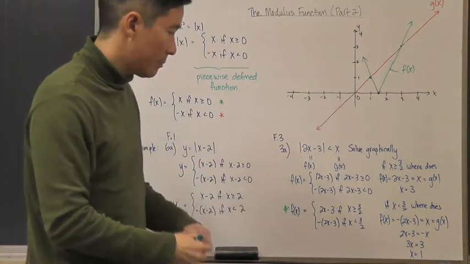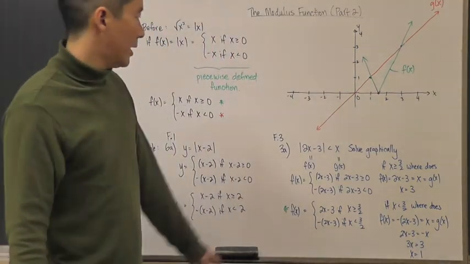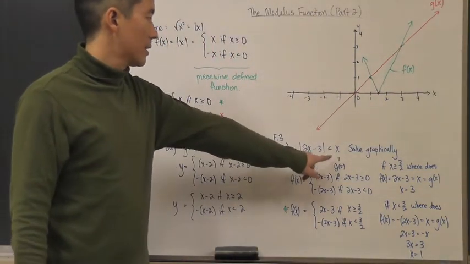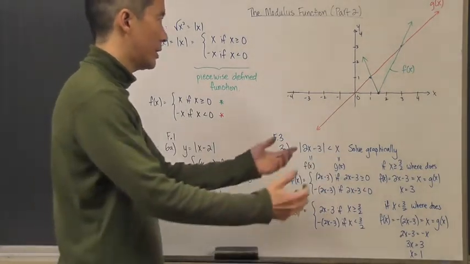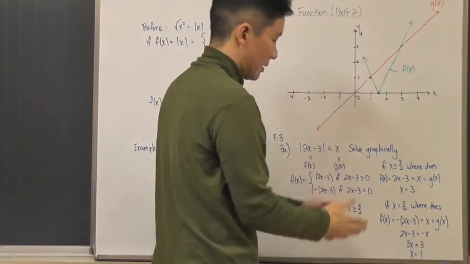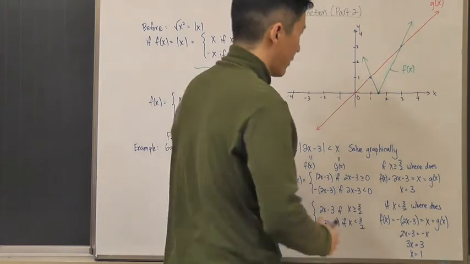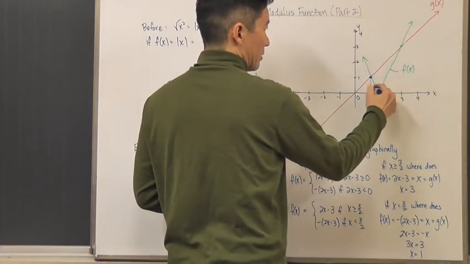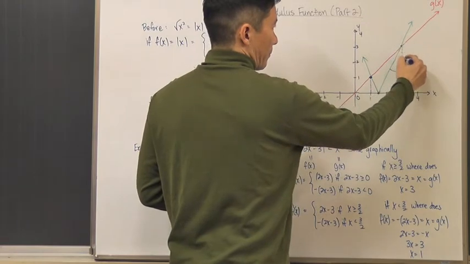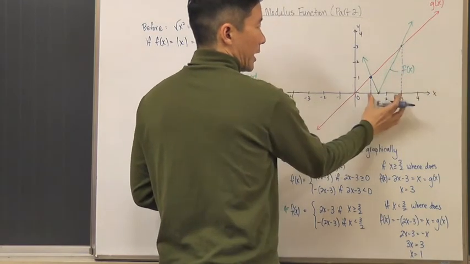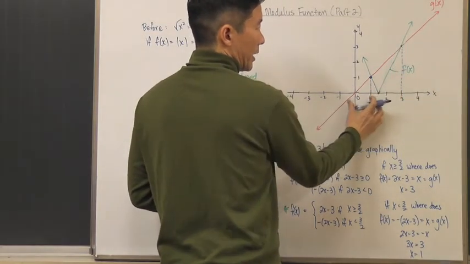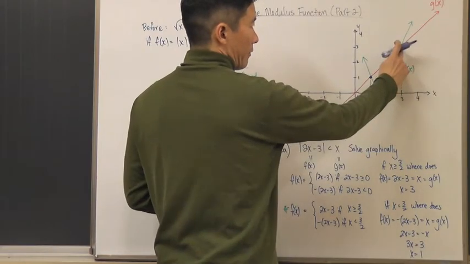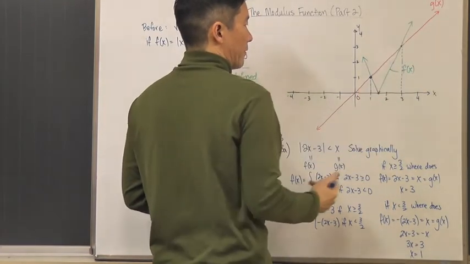So the question then becomes, when is f of x less than g of x? Well, we know that they're equal to each other here. So it's from 1 all the way to 3. And anywhere between those two, but not including 1 and 3, you know that the value of f of x is less than the value of g of x.